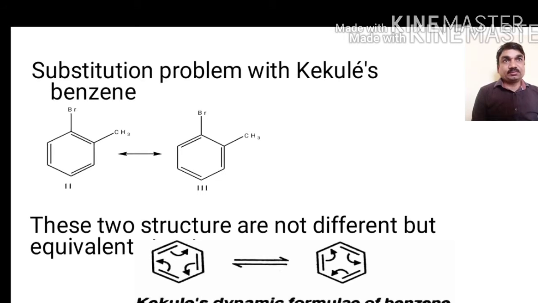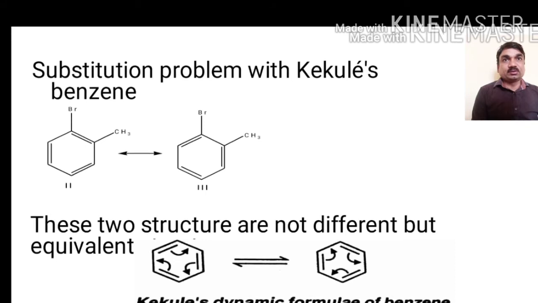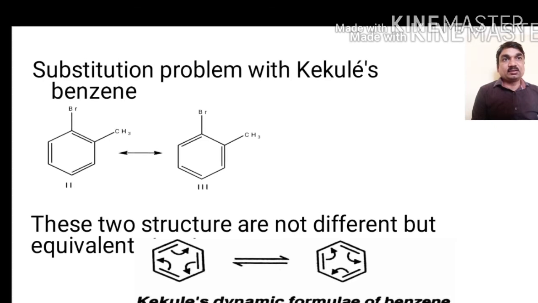In the second isomer, the two substituents would be present on carbons which have a double bond between them. On the other hand, in the expected third isomer, the two substituents would be present on carbons which have a single bond between them. But in real life, benzene reacts to form only one substituted structure.